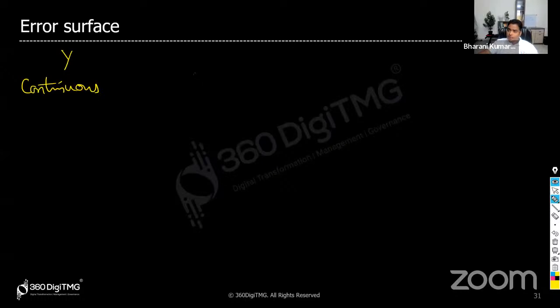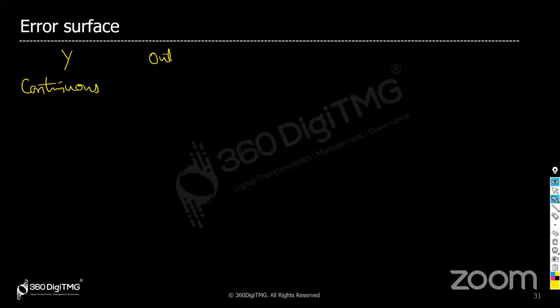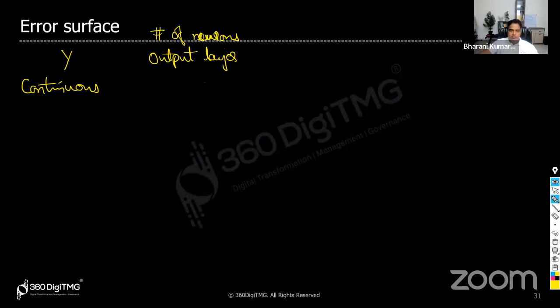Okay. Then in your output layer, the number of neurons that you're going to have would be how many, friends? Please, can you resort to the chat window quickly? How many neurons will we have in the output layer? Yep, please, can you answer?